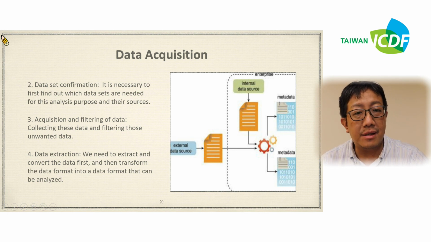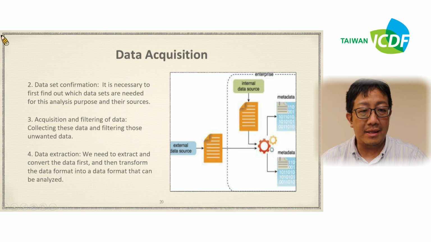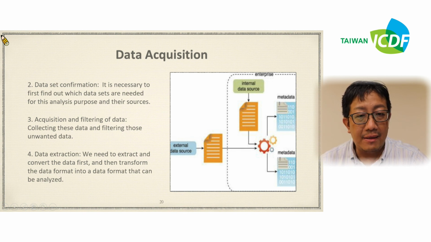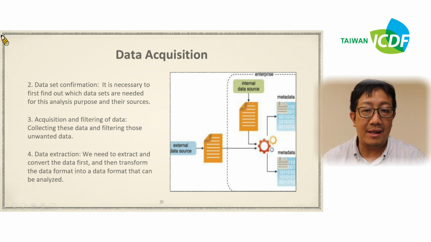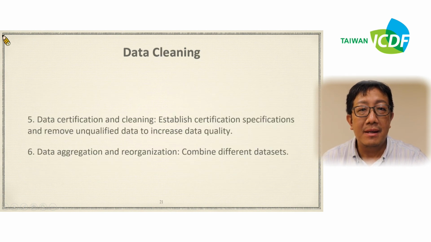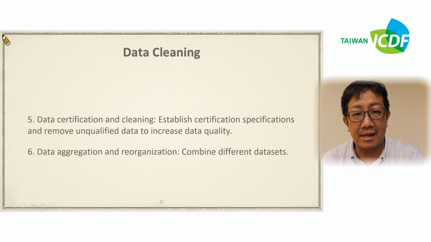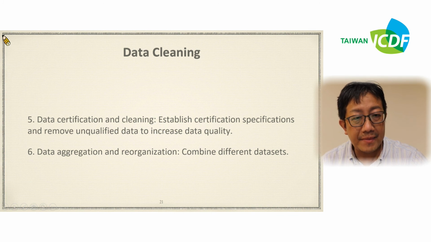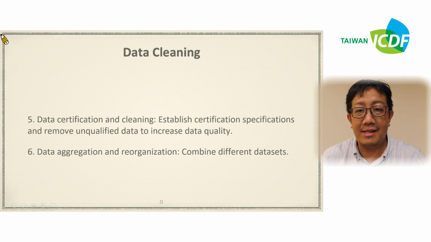Then data extraction: we need to extract and convert data, transforming it into a data format that we can analyze. About data validation and cleansing: establish the validation specifications and remove the unqualified data to increase data quality. And data aggregation and representation means to combine the different data sets.